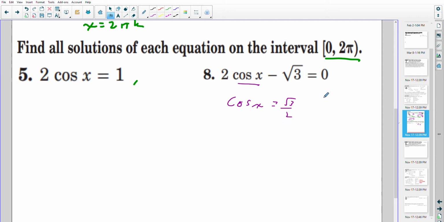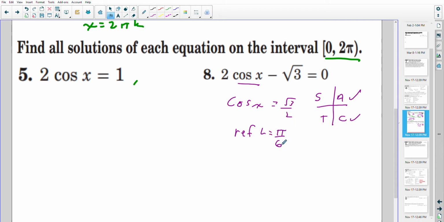Now, when you have this situation, you have to remember that the cosine x is equal to a positive number in certain quadrants. So again, using the mnemonic, this will tell me that it's positive in the first and the fourth quadrant. Now, if I think about reference angles, my reference angle is going to equal pi over 6 because the cosine of pi over 6 equals radical 3 over 2.